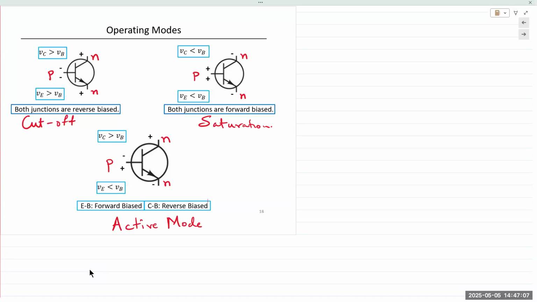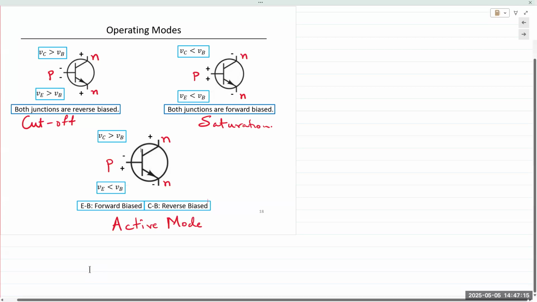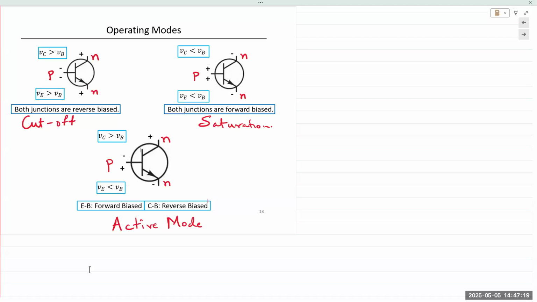So three modes of operation: active mode, saturation, and cutoff. There is also a fourth mode. Remember, I said if I reverse bias one junction and forward bias the other one?